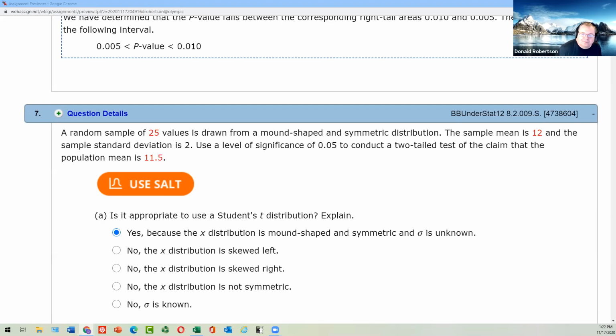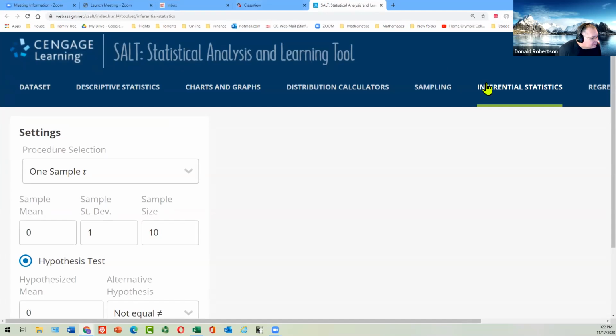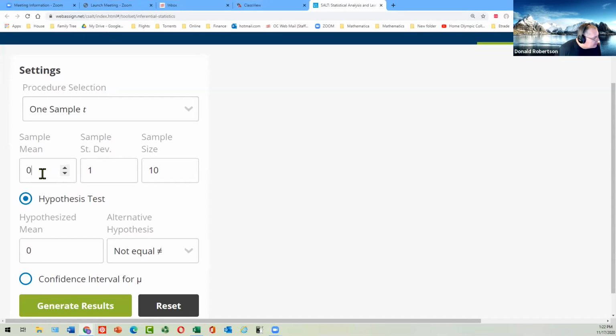Use salt. Go in here. The sample mean was 12. Its standard deviation was 2. The sample size was 25. We want to test that it's not 11.5, right? Equal, not equal, that's a split, right? It's equal to or it's not equal to. So we got this fella.